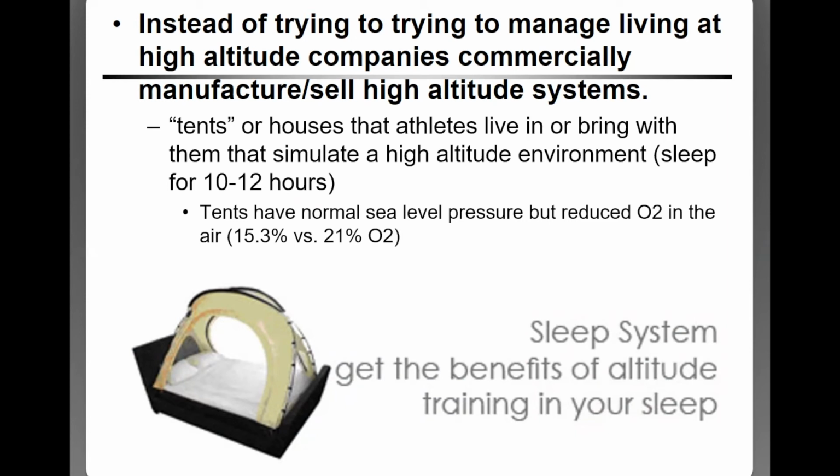This means that they would be able to train low at sea level, perform their maximal exertion, do their training at maximal intensity, and then at night sleep in a chamber with reduced oxygen content. The reduced oxygen content would stimulate erythropoietin release and increase red blood cell count when they sleep. So instead of breathing 21% O2 at night, they would breathe 15% oxygen at night, and this hypoxic condition would stimulate erythropoietin.